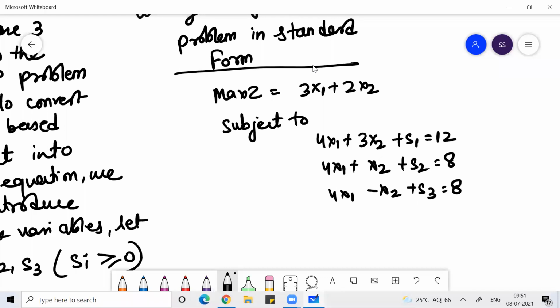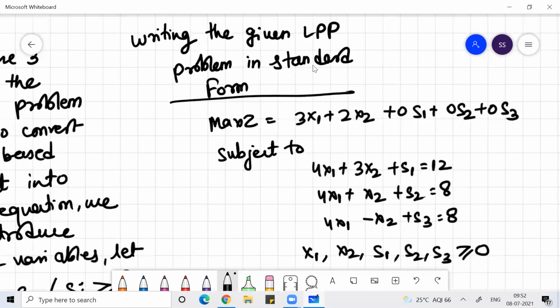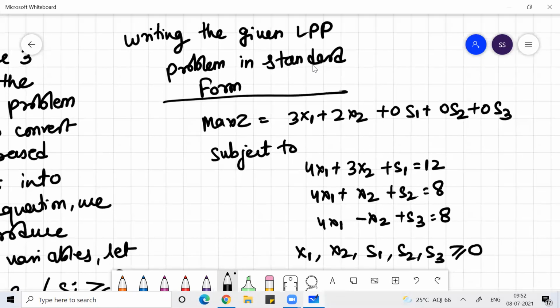Okay, because you introduce three slack variables, you will write 0 s1 in the objective function plus 0 s2 plus 0 s3. Where the non-negative restriction is that x1, x2, s1, s2, s3 should be greater than or equal to 0. So this is how we write the given LPP problem in the standard form.